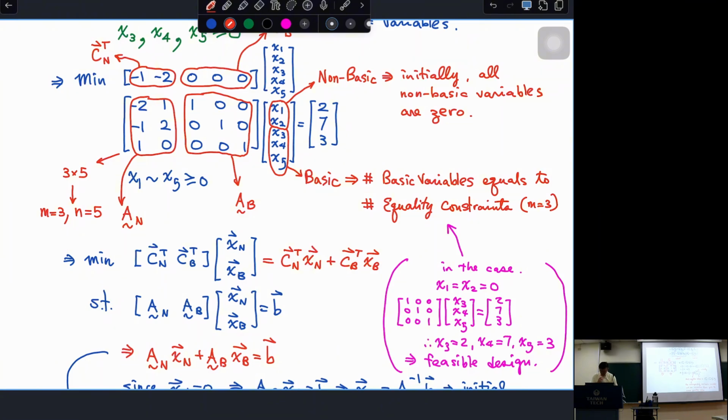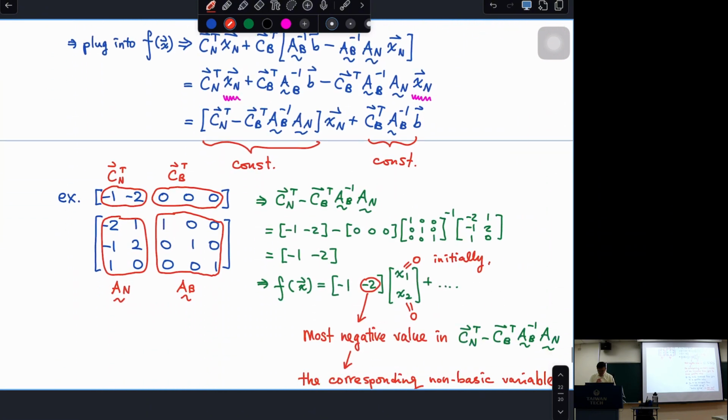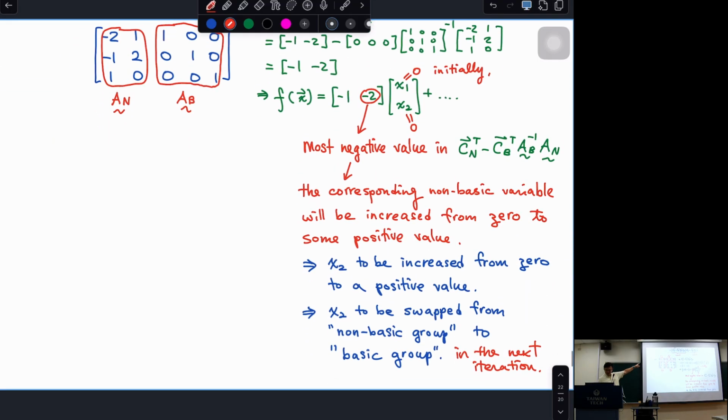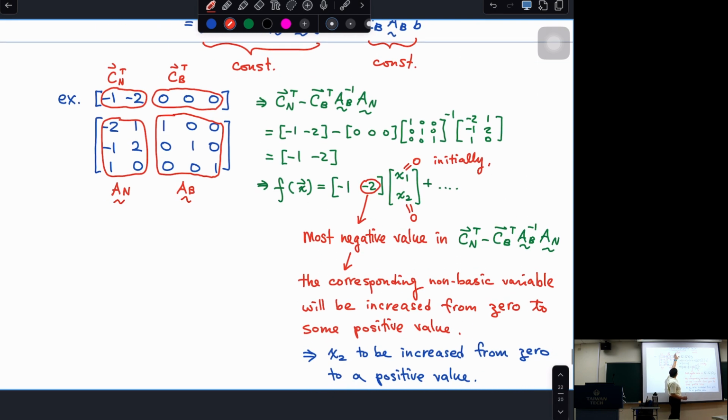So I will tell you which one. Okay? So the trick right here, if you derive this equation, this will be a vector of the coefficients in front of the non-basic, and you pick up the most negative one, the corresponding non-basic variable will become basic. Okay? Why do we do this?